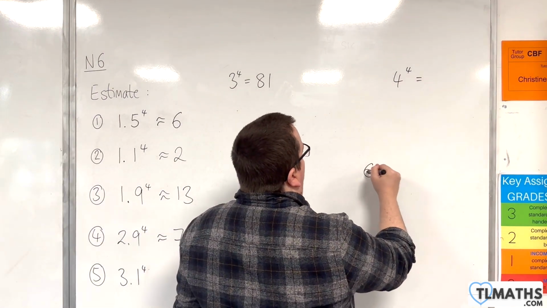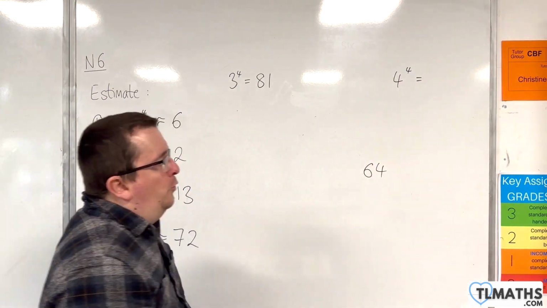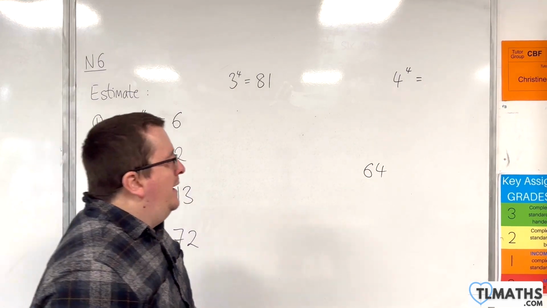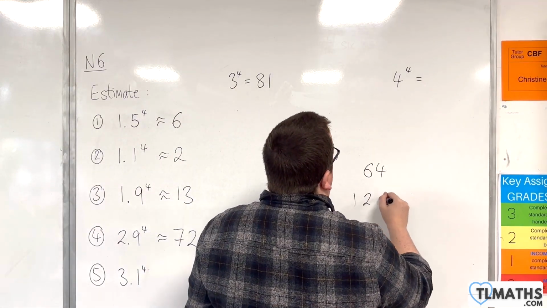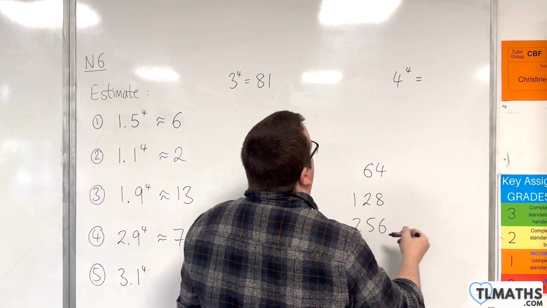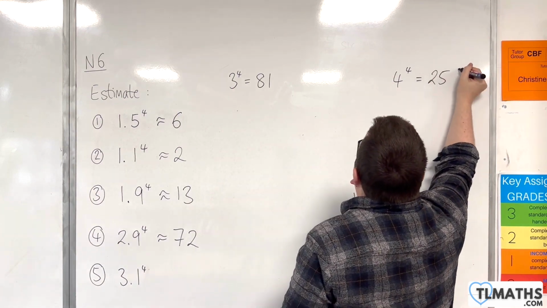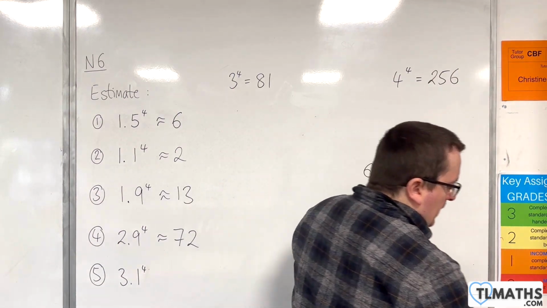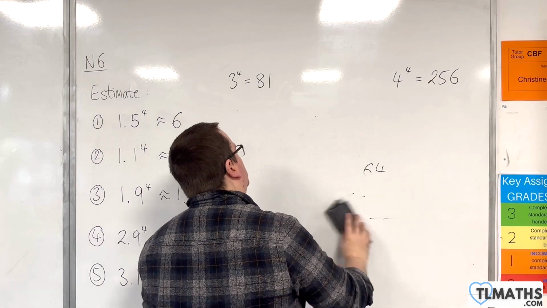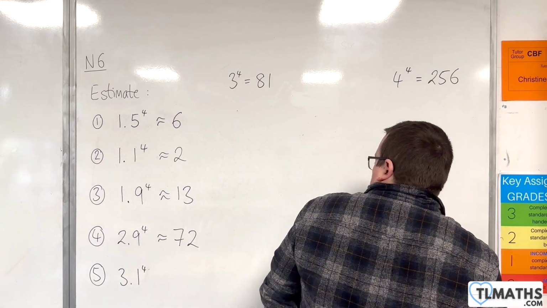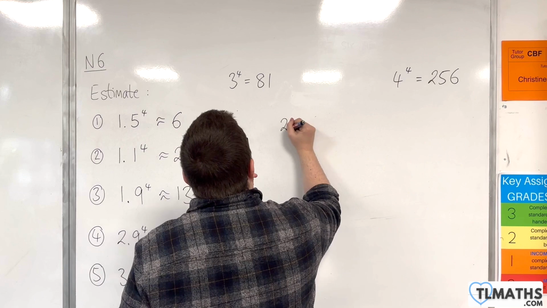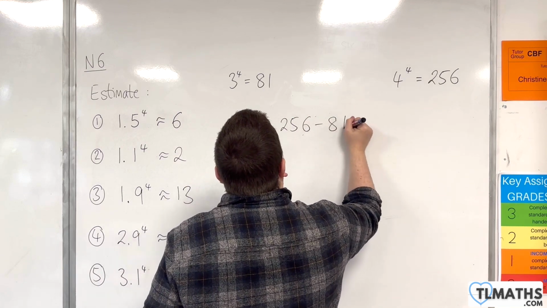So I need 64 times 4. So if I double it and double it again, that's 128, that's 256. So 2, 5, 6.